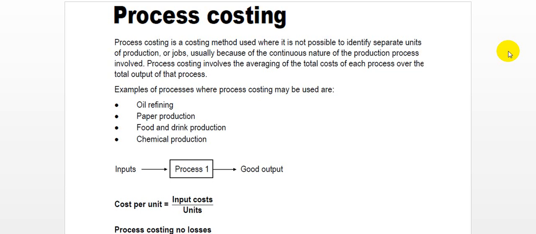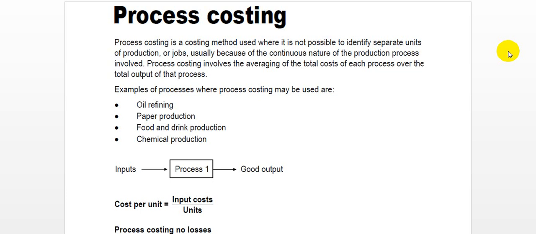Whatever goes in is equal to what comes out, whether there is wastage or there is no wastage. It's all about formulas at the same time. You need to know the formulas. There are a number of them, but they're not complex.